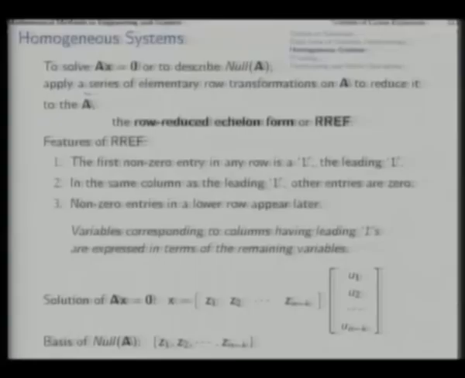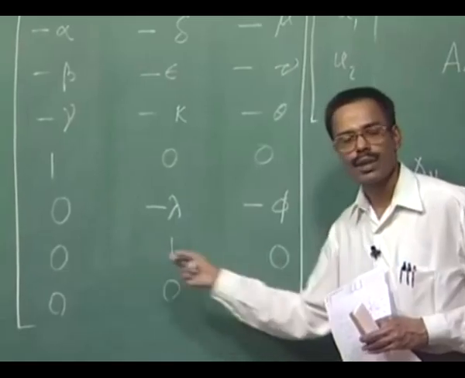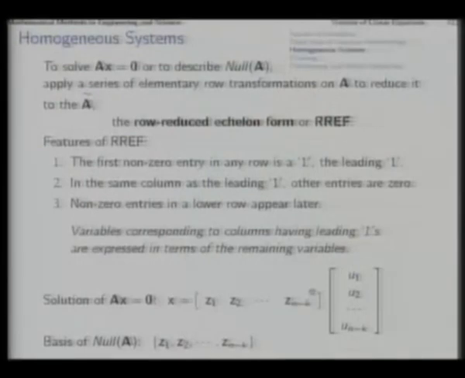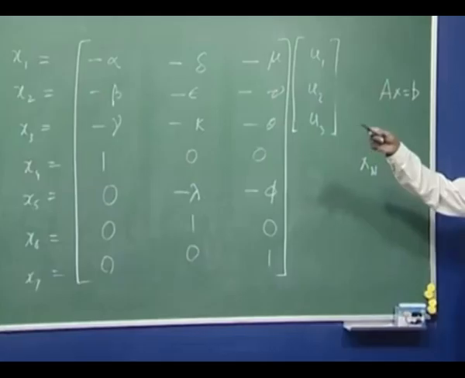So, the solution of Ax equal to 0 will be written as this matrix having the null space members Z1, Z2, Z3. Here these three vectors are Z1, Z2, Z3, the null space members. And how many of them will be there? In this case we have shown 3, that means this matrix has rank 4.